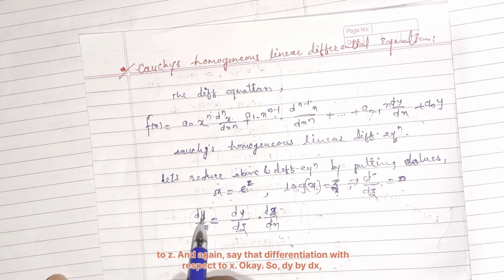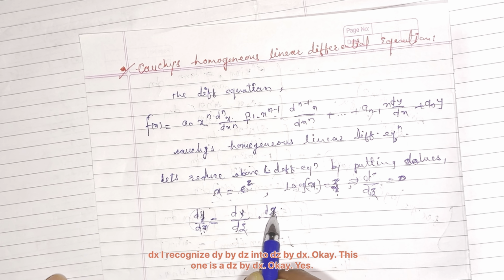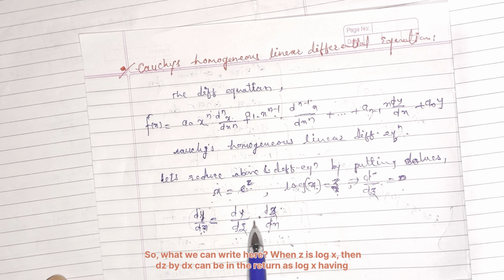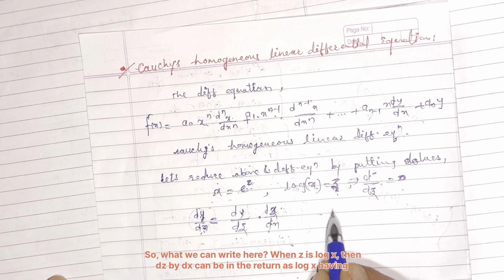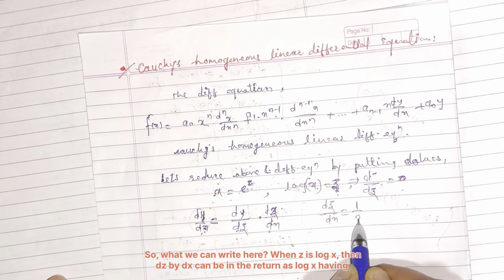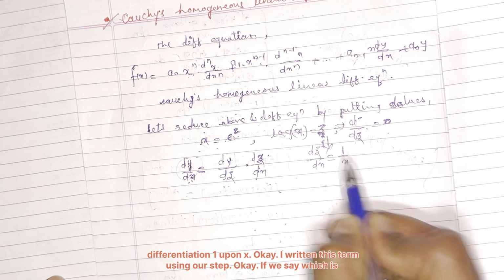By the chain rule, dy by dx is written as dy by dz into dz by dx. When z is log x, dz by dx is 1 upon x, using the above step.